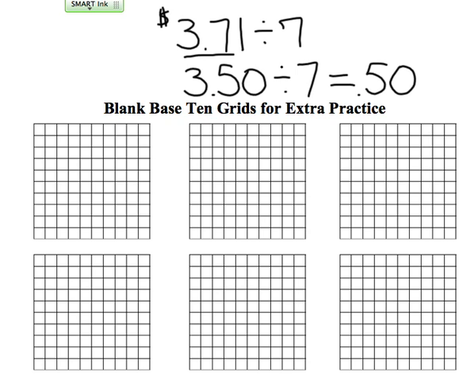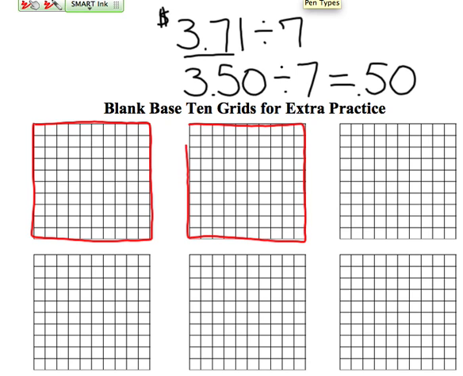Since our total cost was $3.71, we are going to start by coloring in 3 holes in 71 cents. I'm just going to highlight them. Or trace around them, rather.